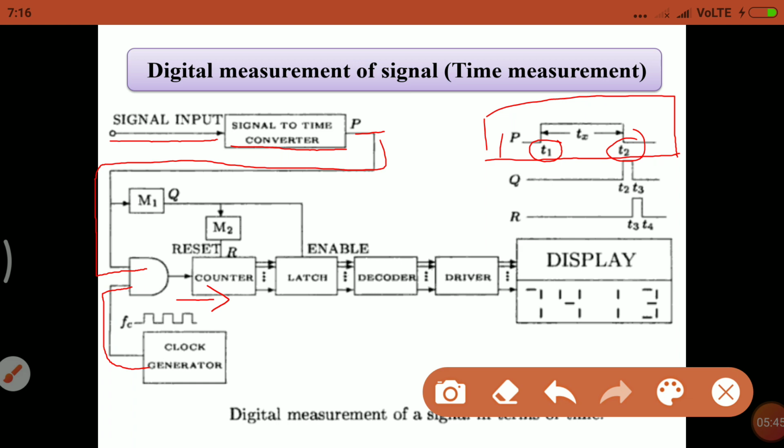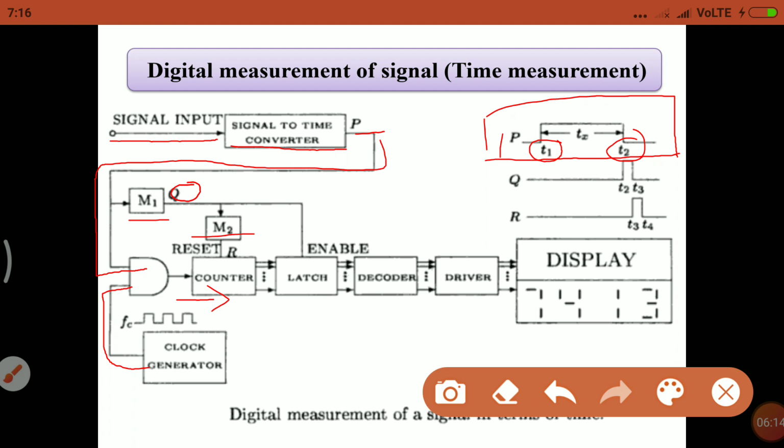Now for the controlling purpose, two monostable multivibrators are used, M1 and M2. Then what is the function of this monostable multivibrator? If you observe here, as soon as the pulse is over, means at T2 the pulse is over, this monostable multivibrator generates a narrow width pulse.